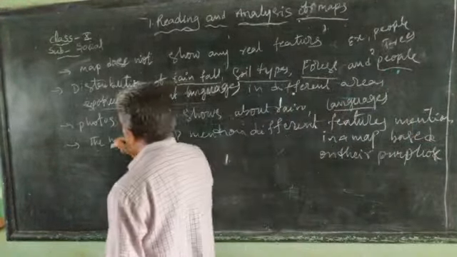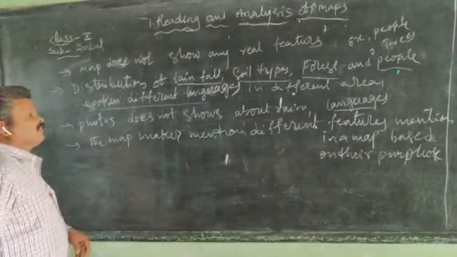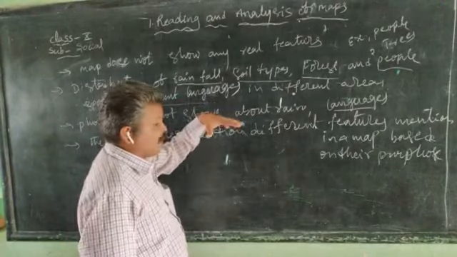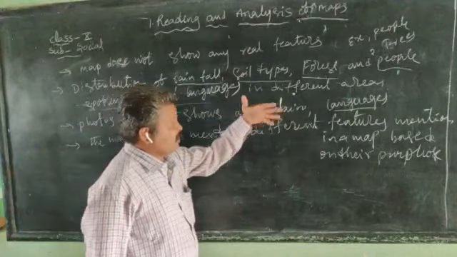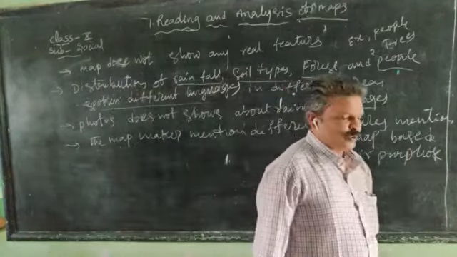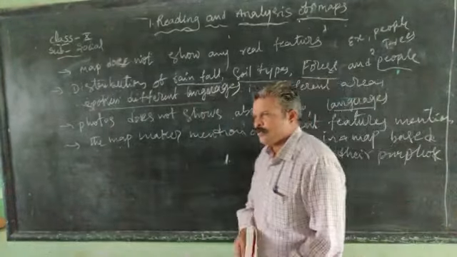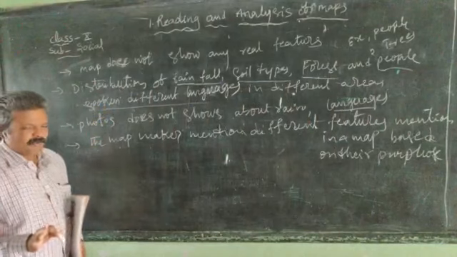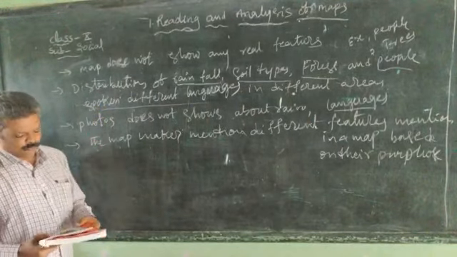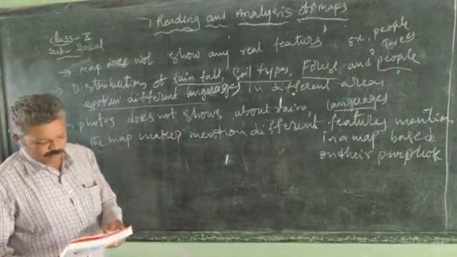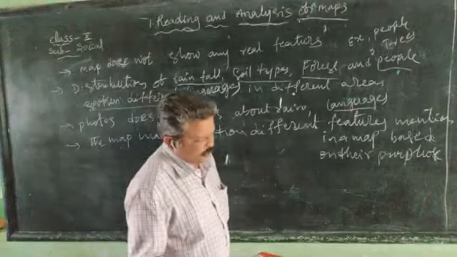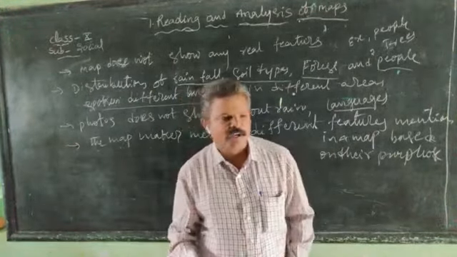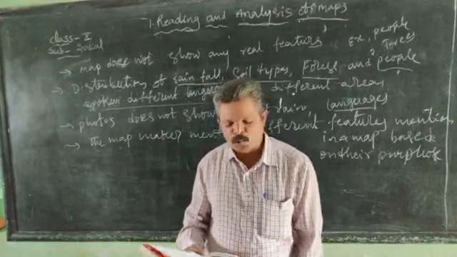But in a map, we see these features, while in a map we do not find trees or houses. So that is the difference between a map and a photograph. That's why the map makers mention some important features based on the purpose.